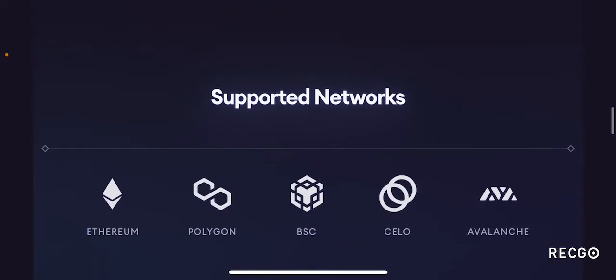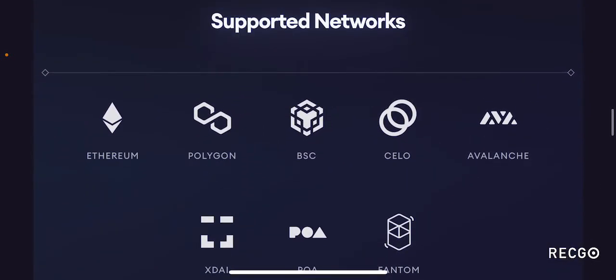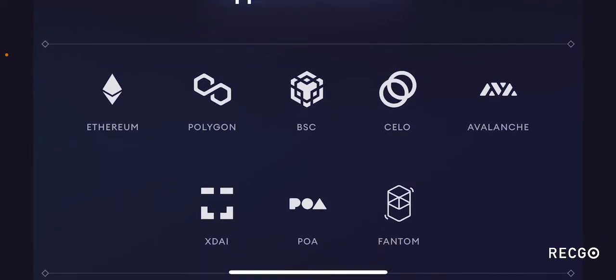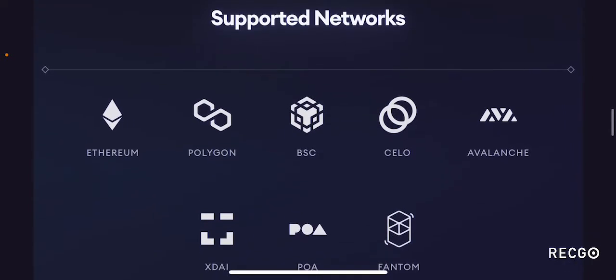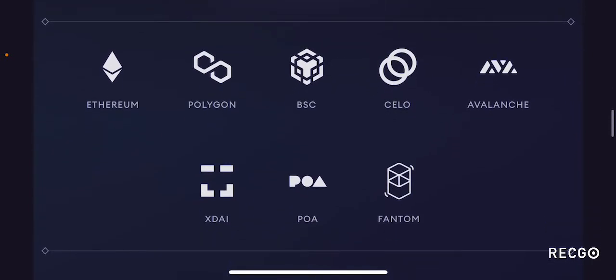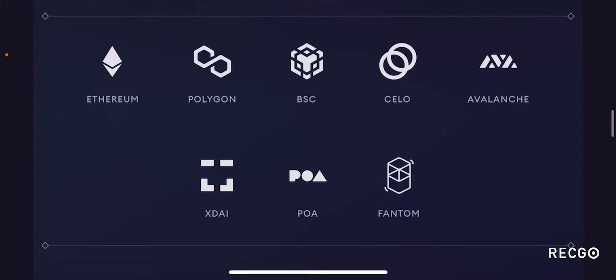And you can also use it as a governance token as well. So it's supported on Ethereum, Polygon, Binance Smart Chain, Celo, Avalanche, XDAI, POA, and Phantom. So again, these are some of the chains that are running the Graph protocol.